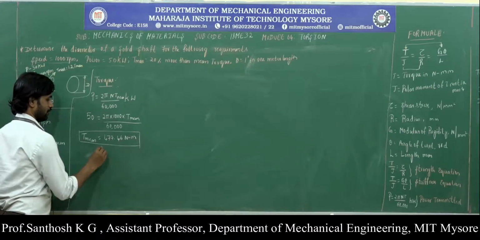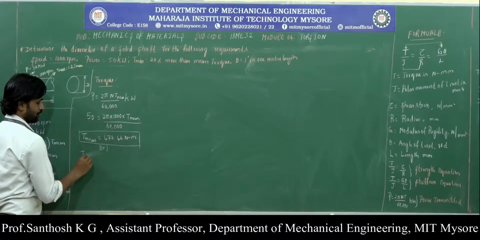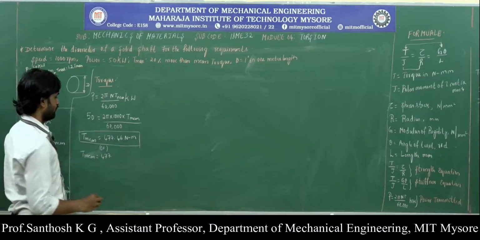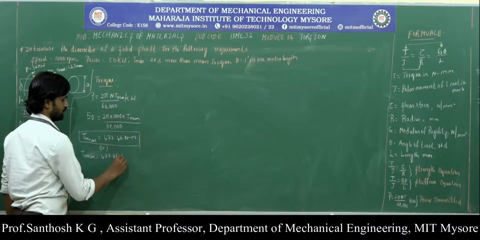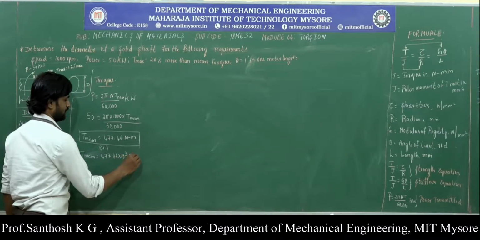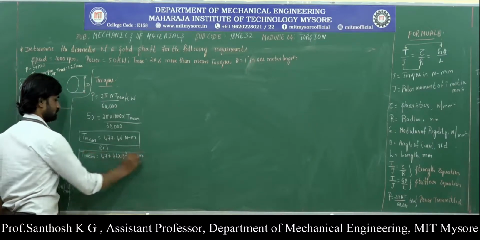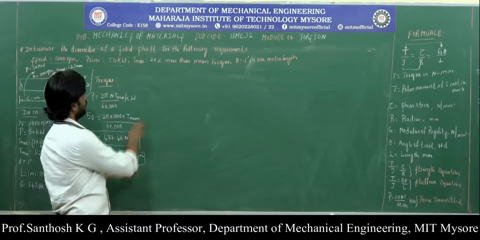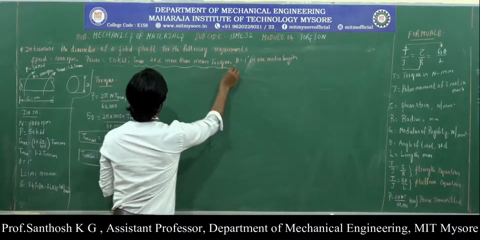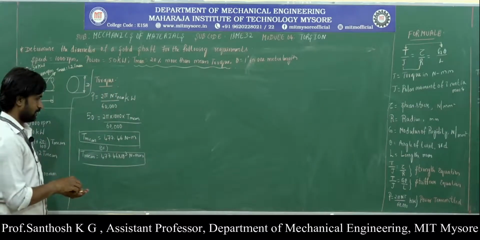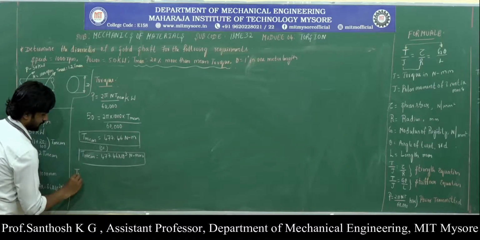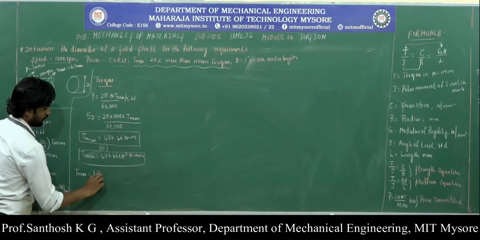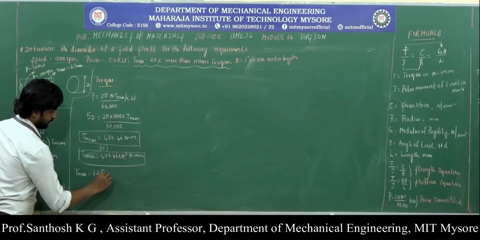But we need the value of T mean in terms of Newton millimeter. So, in terms of Newton millimeter, it will be 477.46 into 10 to the power of 3 Newton millimeter. But in this problem, they have specified that the maximum torque is 20% more than the mean torque. 20% more is 1.2 times the mean torque.